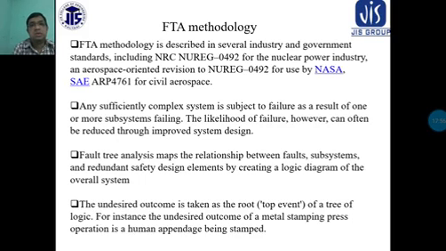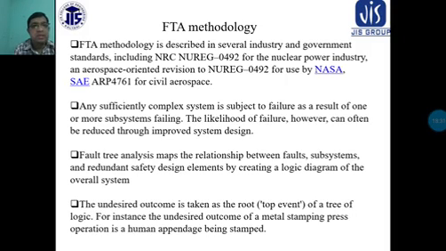The fault tree analysis methodology is described in several industry and government standards, including NRC NUREG-0492 for the nuclear power industry, and for aerospace-oriented divisions, NUREG-0492 for use by NASA, and SAE ARP4761 for civil aerospace.